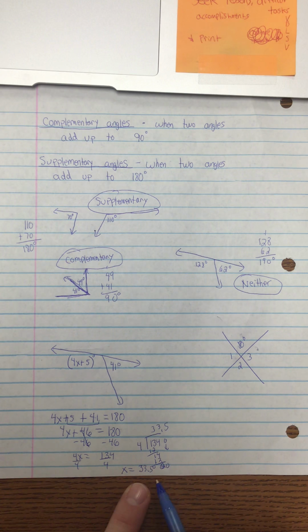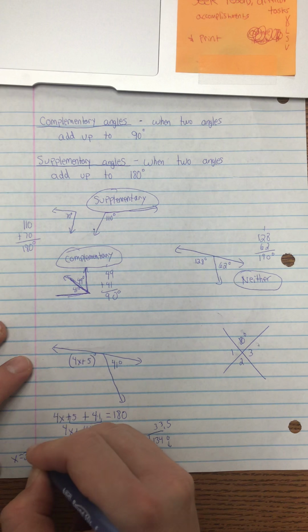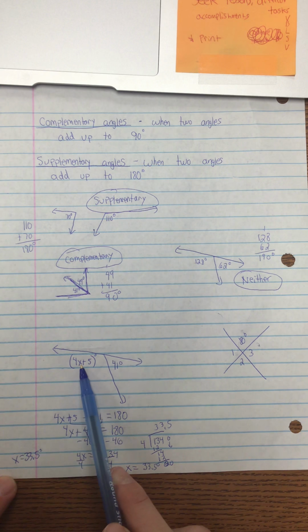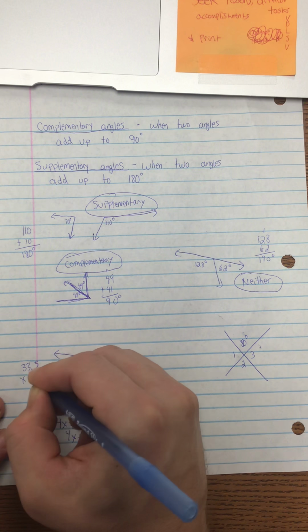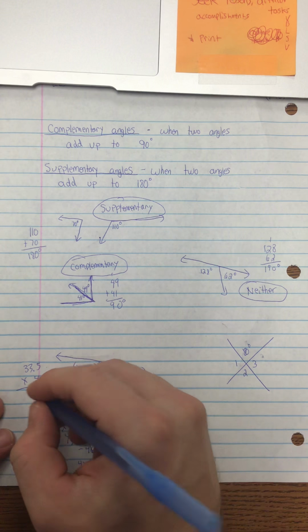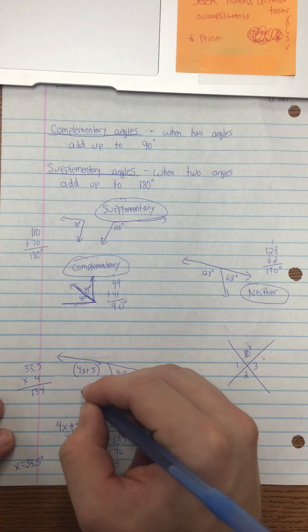So all it asked us to do was find the value of x. So x equals 33 and a half degrees, okay? So what I'm going to do is plug 33 and a half in for x. So I'm going to take 33 and a half times 4, which we kind of did the opposite of here, right? Which was 134. 134 plus 5 is 139.